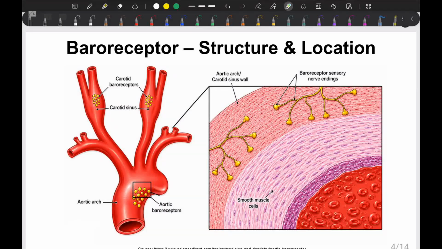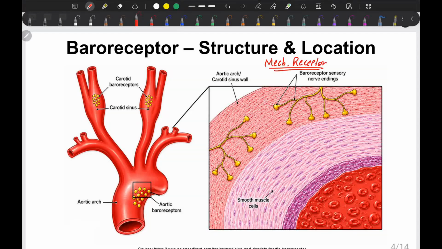Now let's look at the baroreceptor structure and location. Structure wise, baroreceptors are found in the outermost layer of your blood vessel, that is your adventitia. They are spray type nerve endings found in this outermost layer. The interesting thing is that baroreceptors are mechanoreceptors.